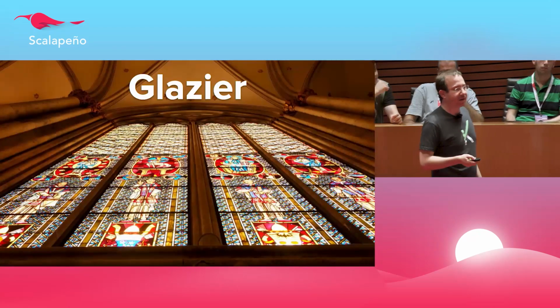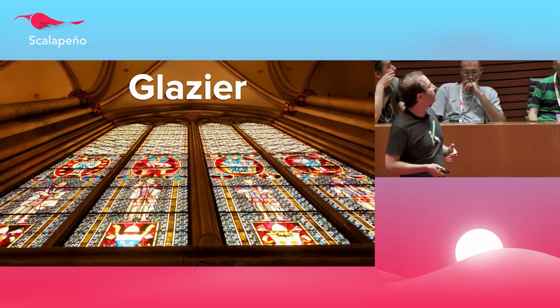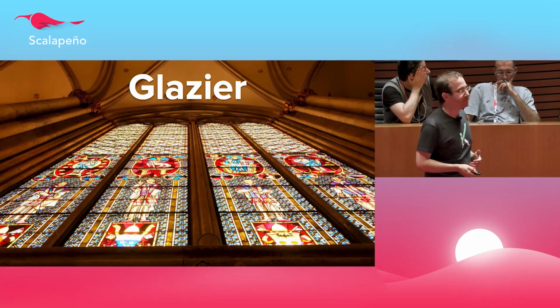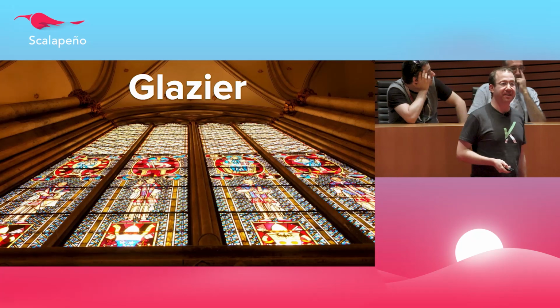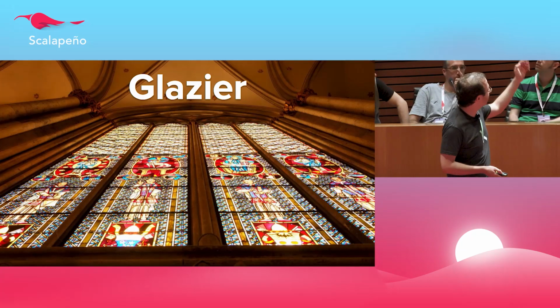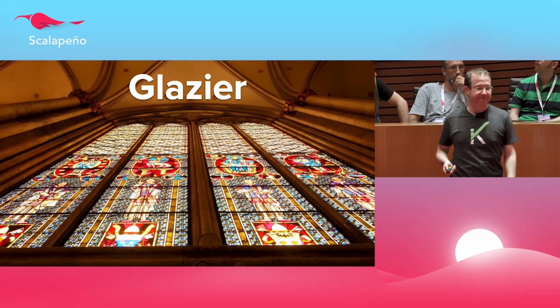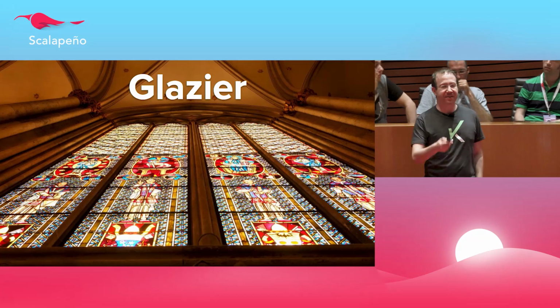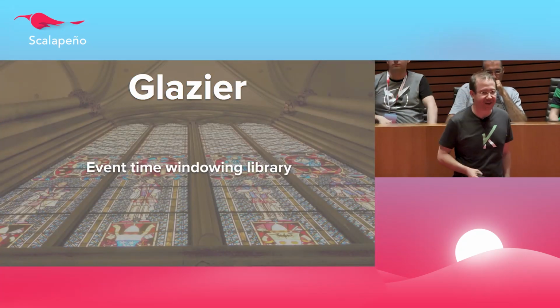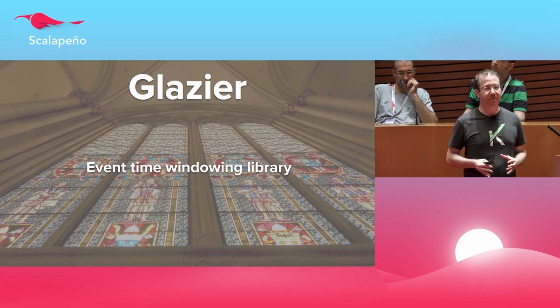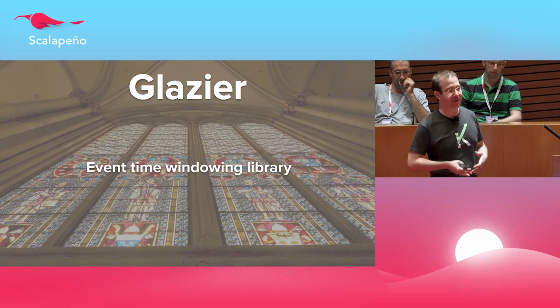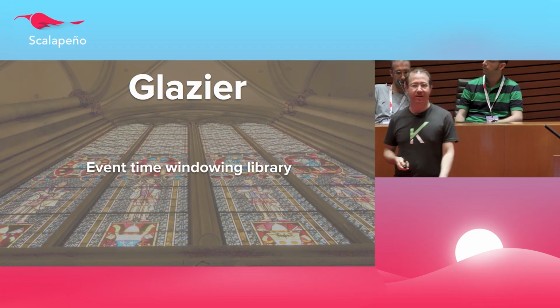Well, for that purpose, we implemented Glacier, or זגג in Hebrew, basically a name having to do with nice, pretty windows. Well, that's an event time windowing library that's supposed to fit into the gap where event time windowing is not available in streaming libraries.